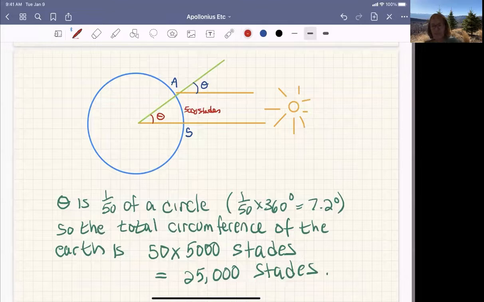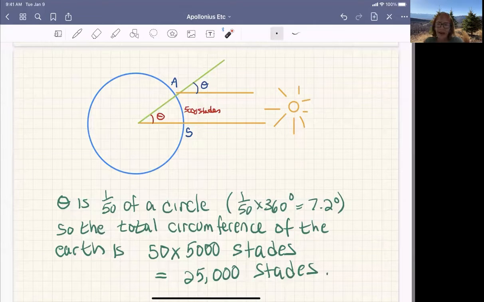So 1/50th of the way around the Earth is 5,000 stades. So then you have to multiply by 50 to get all the way around the world. So it's 50 times 5,000. So the answer is 25,000 stades.